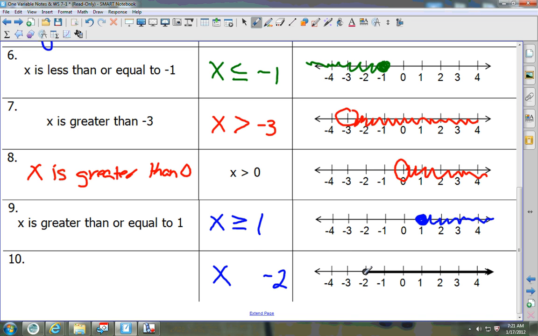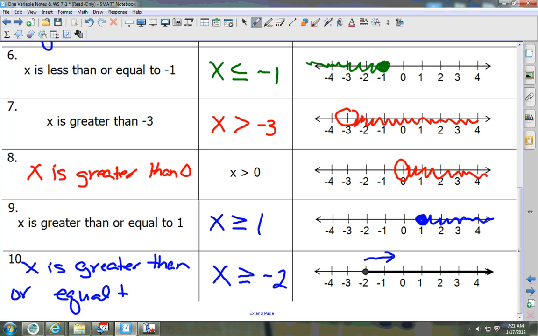It's a colored in circle, so I'm going to have an equal to bar. It's pointing to the right, that is greater than or equal to. So I'm going to write x is greater than or equal to -2.